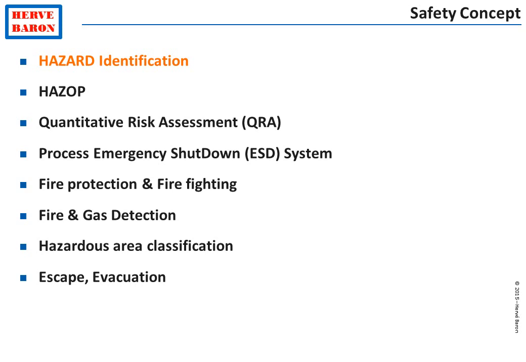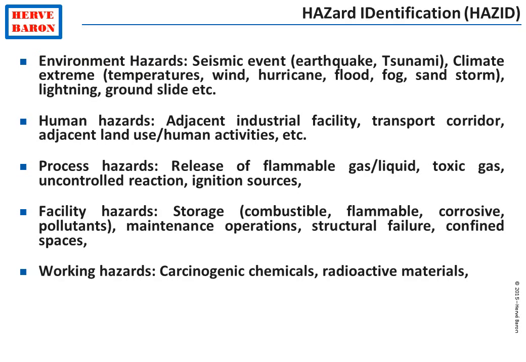First of all, hazard identification. The identification of hazards to which the plant could be subject is done during a multidisciplinary review session. This session involves safety, process, operation, plant layout personnel, to name a few.